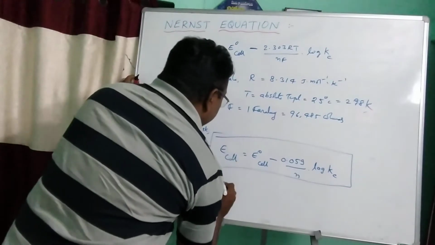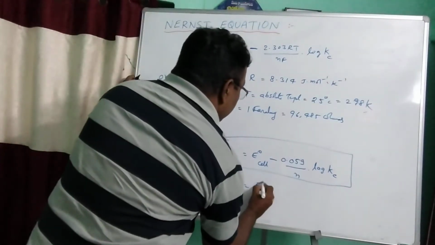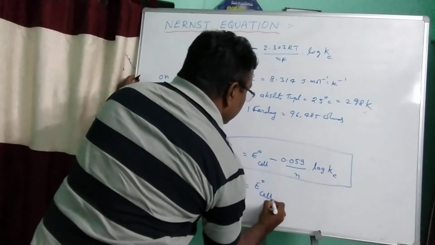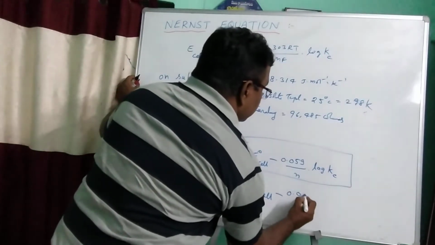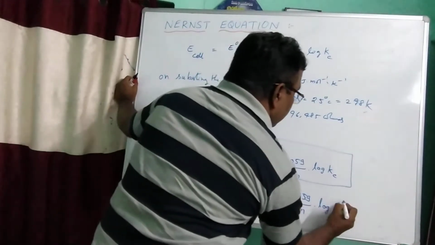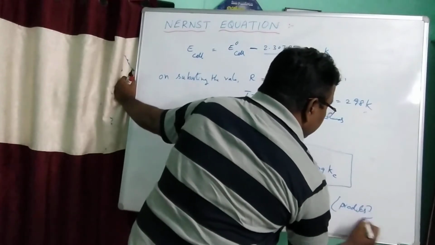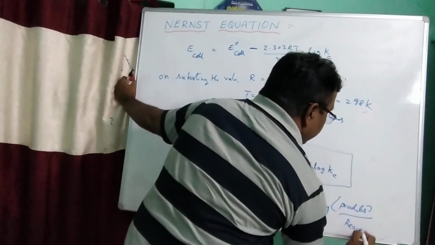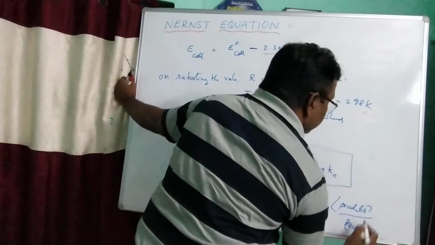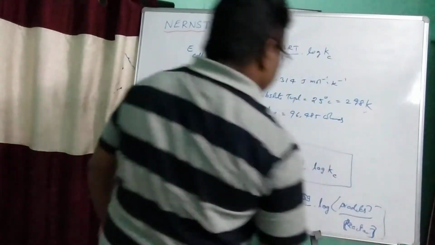Next, it is also written as E cell is equal to E0 cell minus 0.059 by N into log of products concentration by reactants concentration.